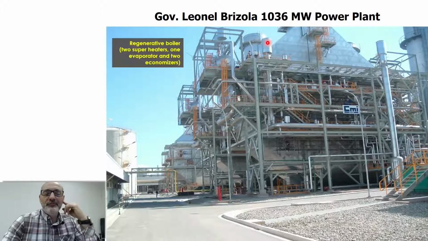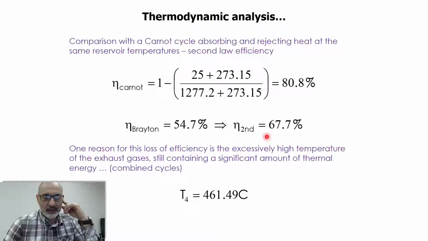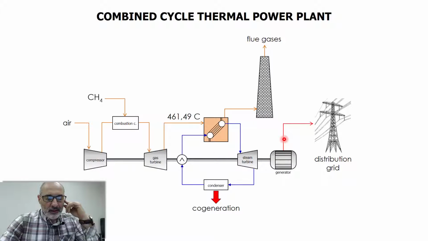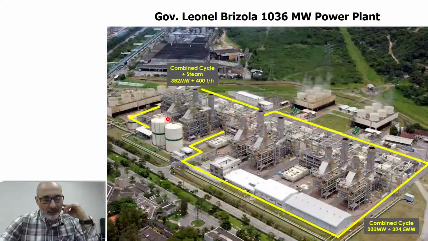This unit here, I'm going to show you in some detail. Going back some slides, this is the regenerative boiler. It takes the combustion gases and puts them into thermal contact with water from the secondary cycle. Those are the regenerative boilers here. You see the chimneys here.